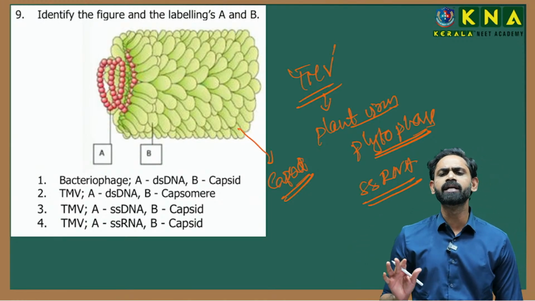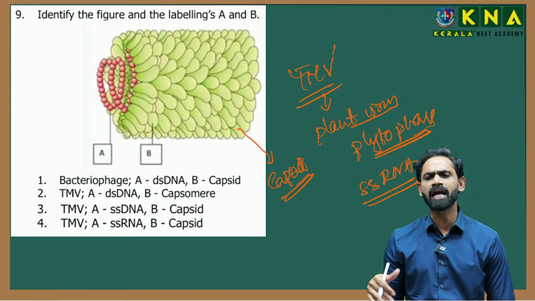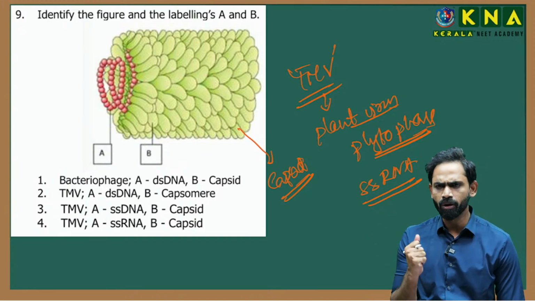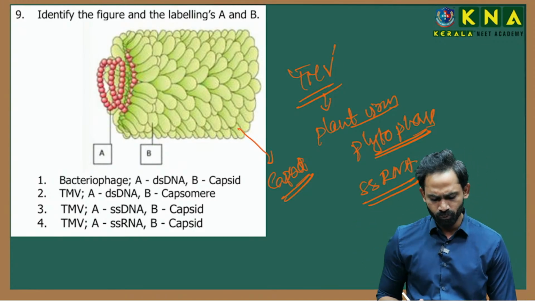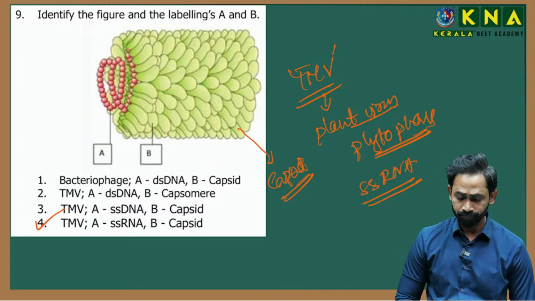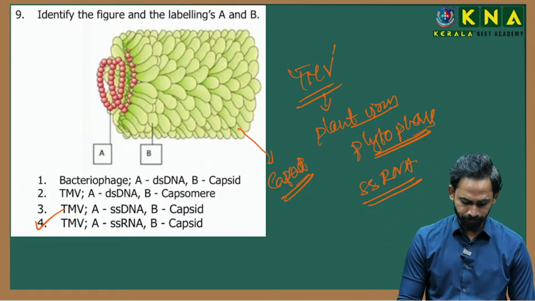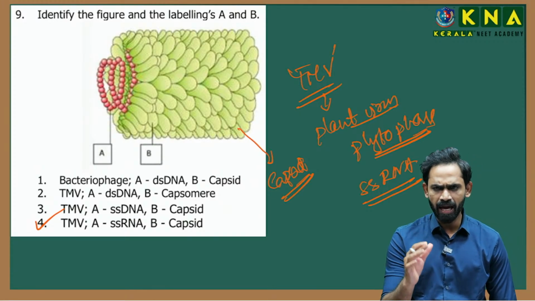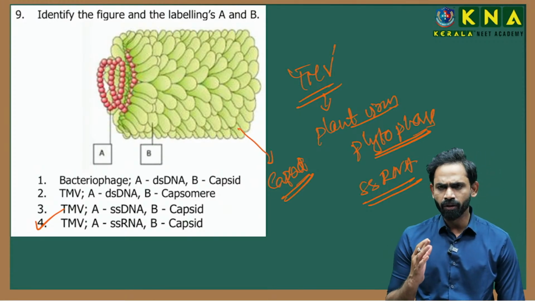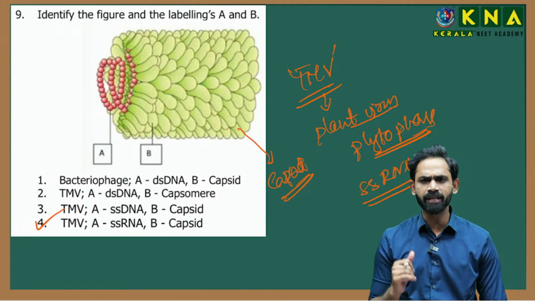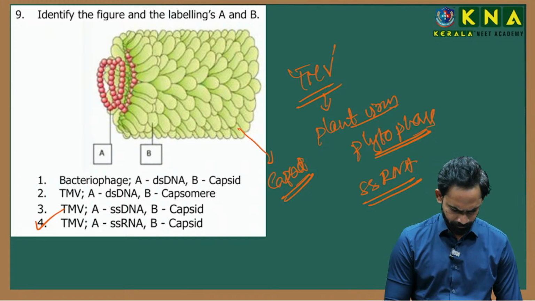That nucleic acid is surrounded by the capsid, made up of capsomers. So without much discussion, I am going for option 4. The best questions are there, the good questions are there after. Stay focused in the live. After reading the question, tick your preferred answer and wait for the explanation. Okay. Good. Next one.